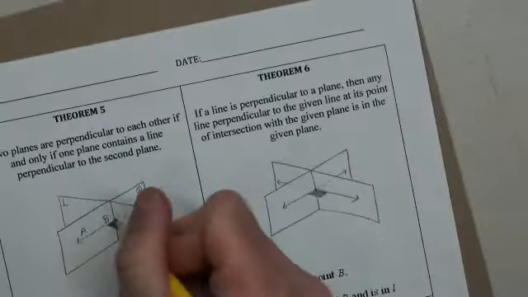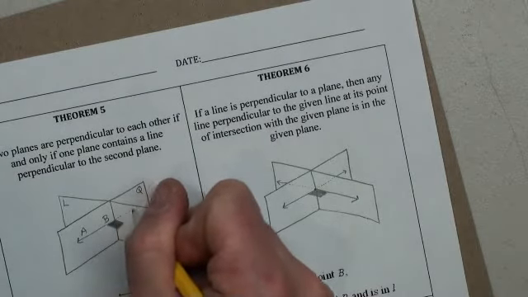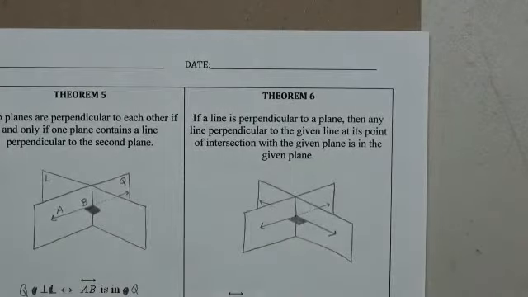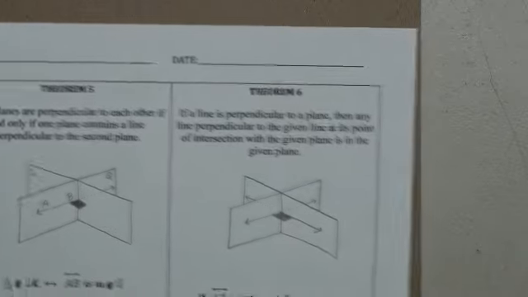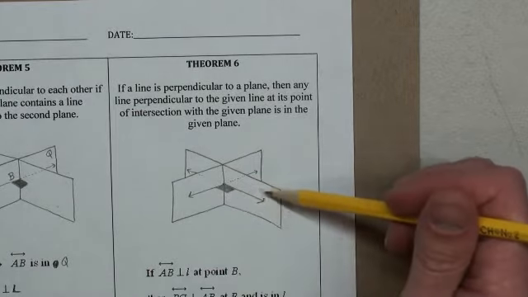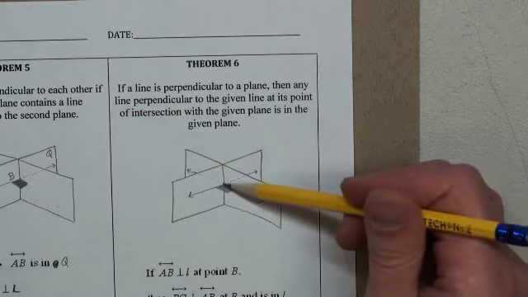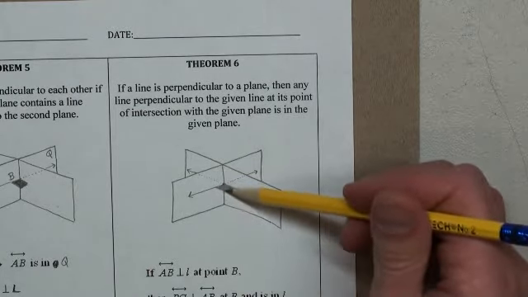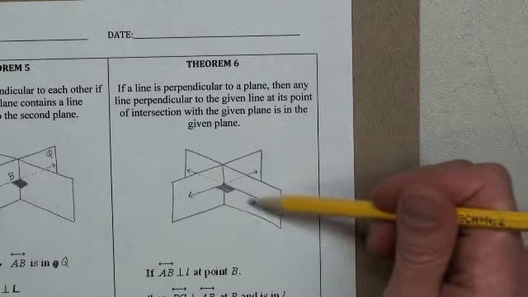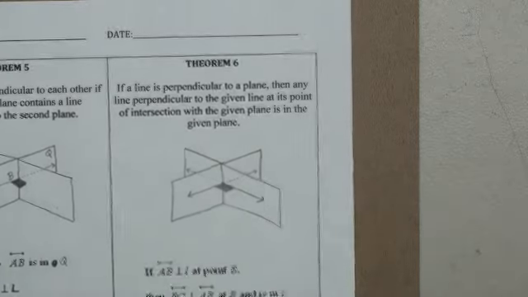Let's fix this picture up a little bit. Let's make this line also going behind here and coming out. And the other ones are fine. So, if this line is perpendicular to this plane, then this line that intersects this other line at a perpendicular angle also is going to lie in this plane. That's all it says. Okay?